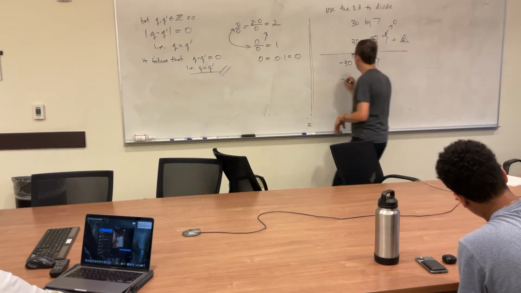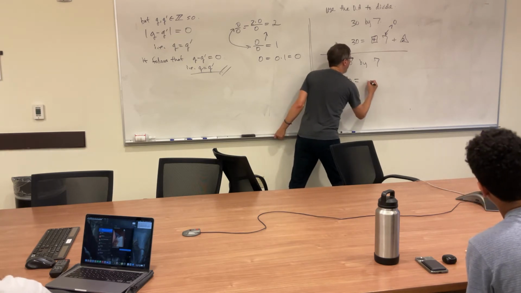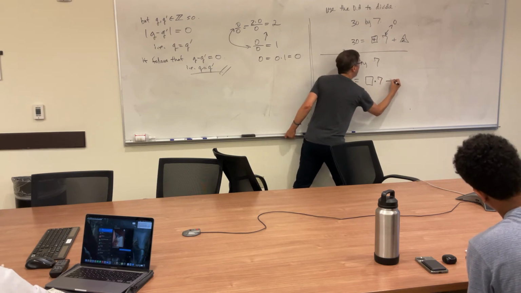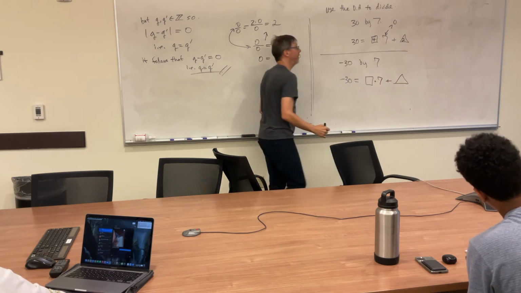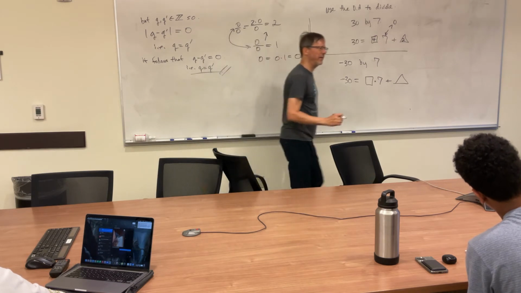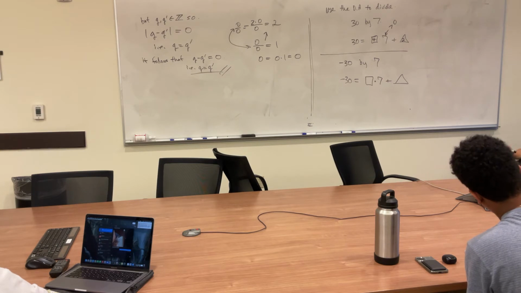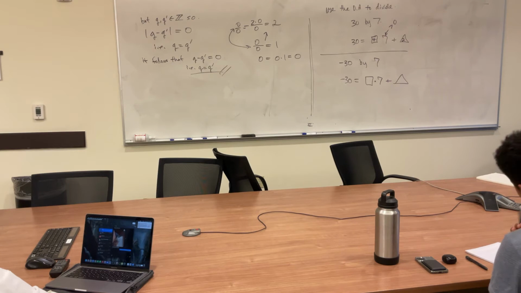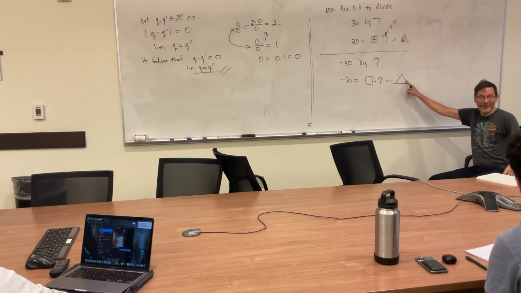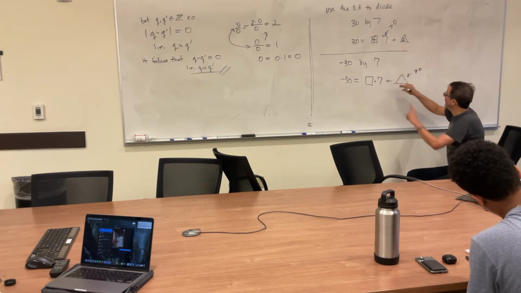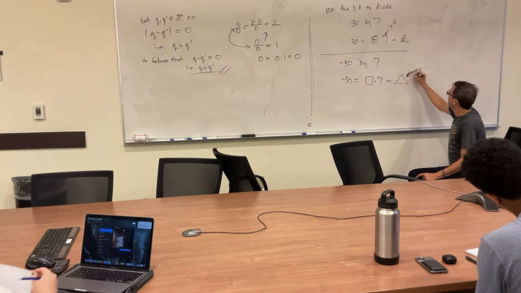So we've got negative 30 equals something times a positive 7 plus the remainder. This one's a little trickier. And the remainder has to be non-negative too, and less than 7, so this little dude right here.